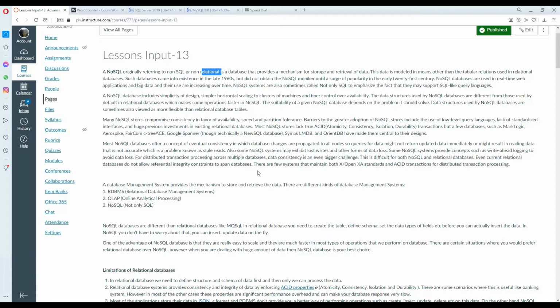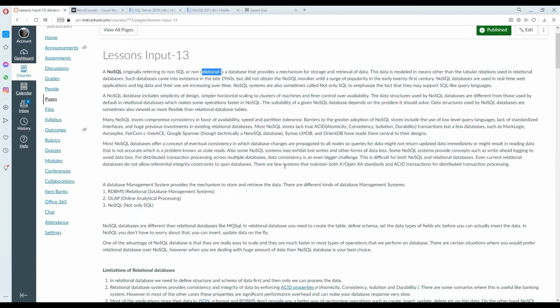Many NoSQL stores compromise consistency in favor of availability, speed, and partition tolerance. Barriers to the greater adoption of NoSQL stores include the use of low-level query languages, lack of standardized interface, and huge previous investment in existing relational databases.